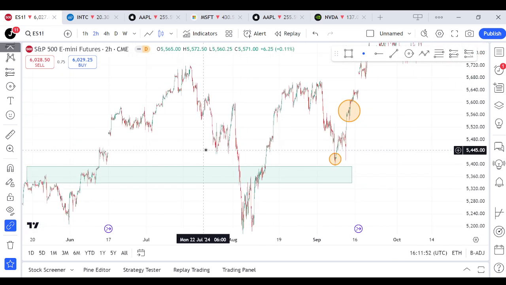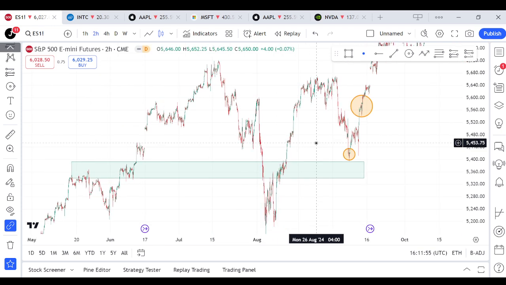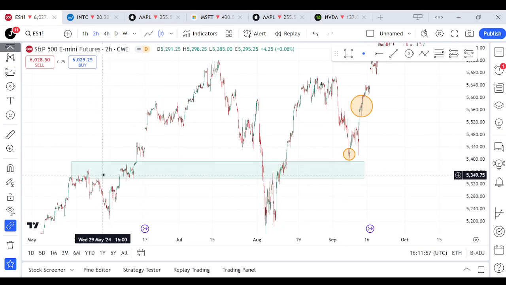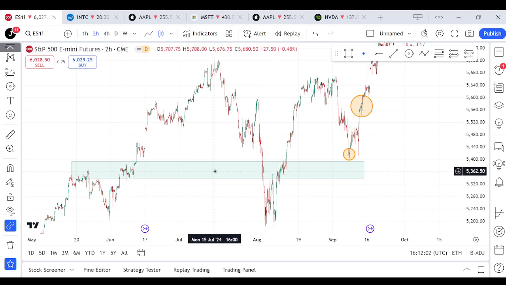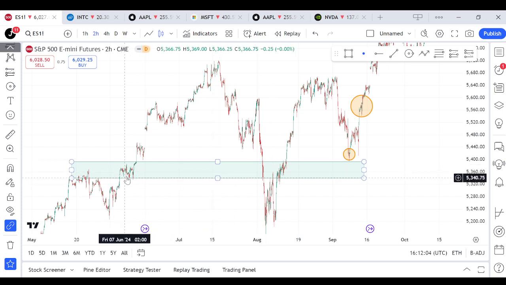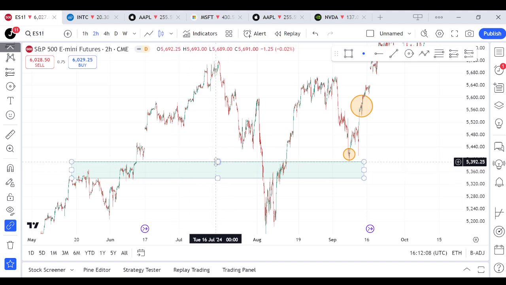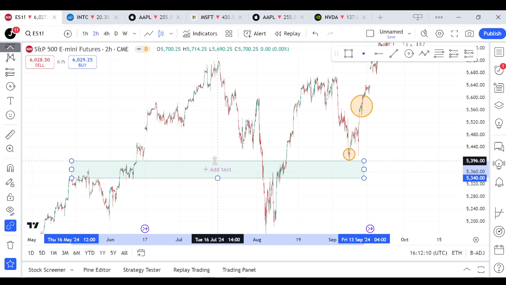How can we incorporate this into our strategy? Remember, the first thing is to look for patterns forming near significant support and resistance levels. Looking at this, you can see price retesting from this key level right here.